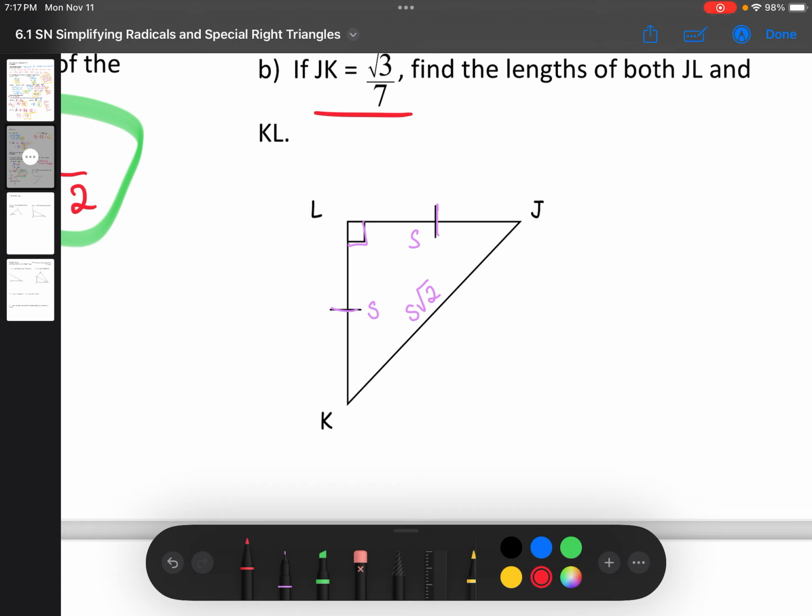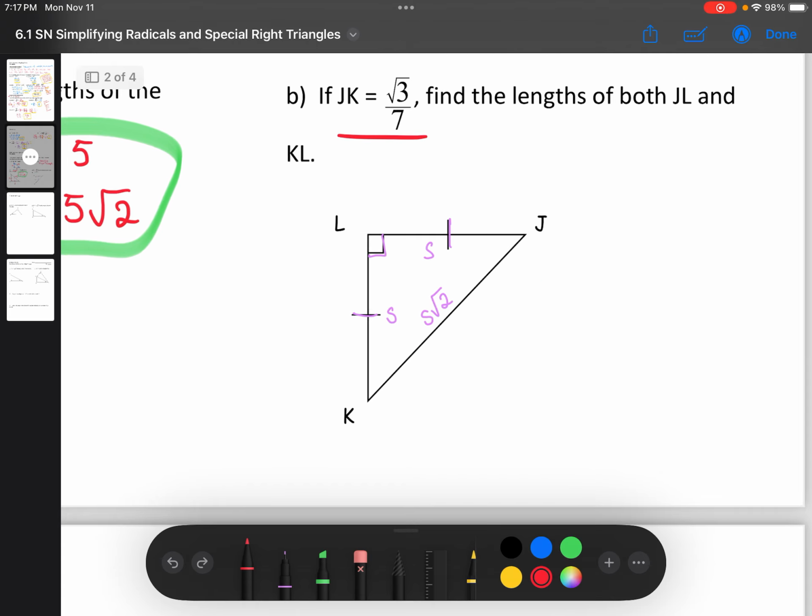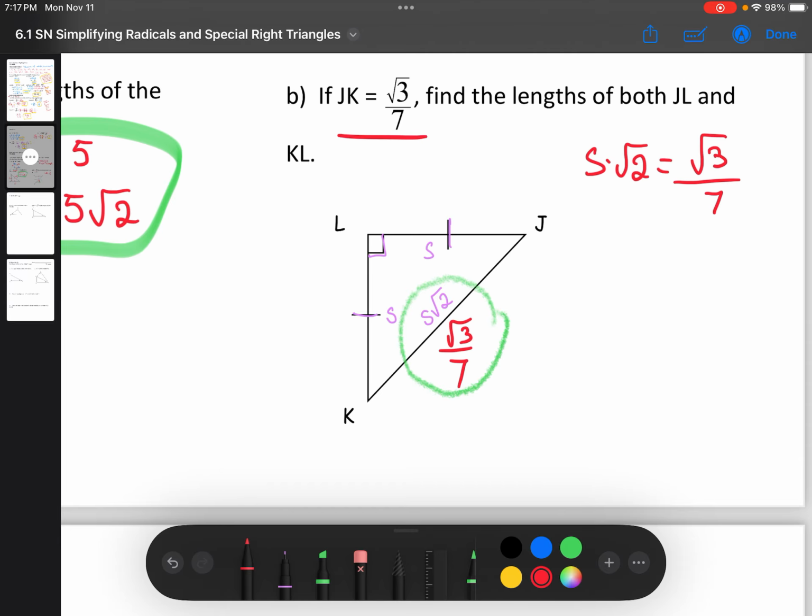We're given that JK is square root 3 over 7. Now, what that means is that S square root 2 is equal to square root 3 over 7.